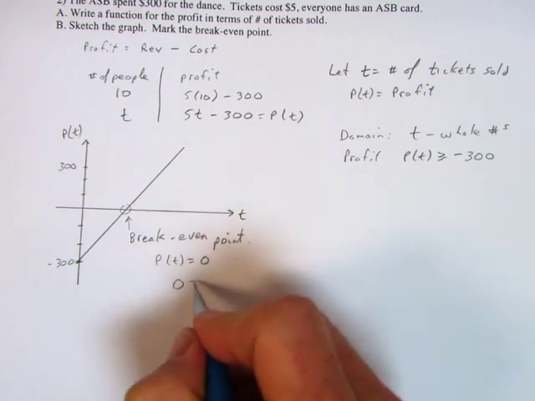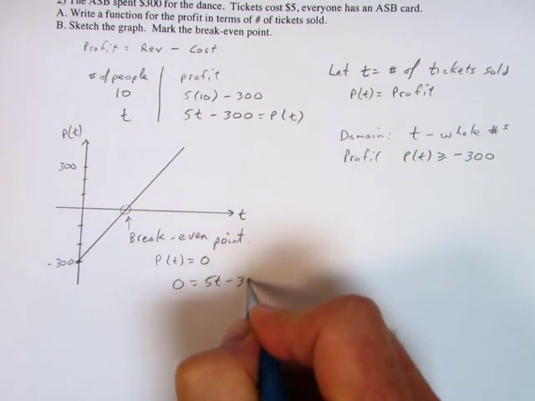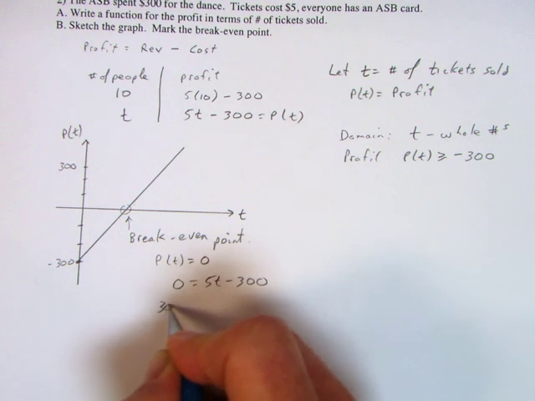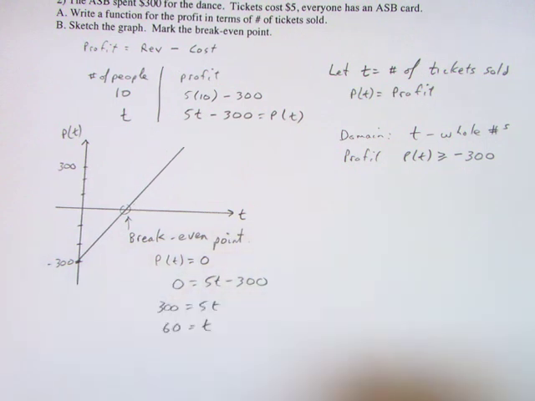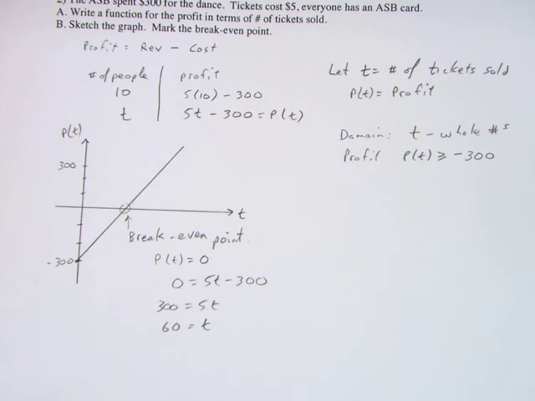So take 0 and plug it into 5t minus 300. 300 equals 5t, so t equals 60. So as long as 60 people show up, they will break even. If more than 60, then they start making a profit. And that's it for that one.